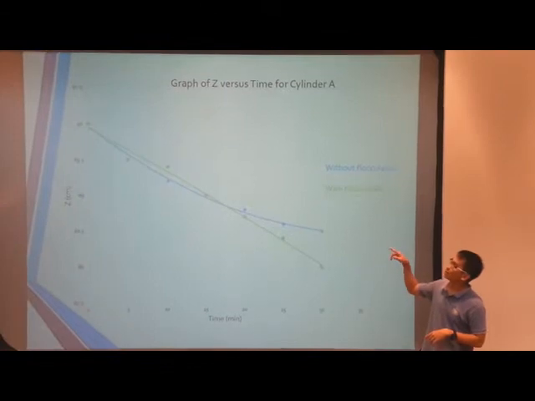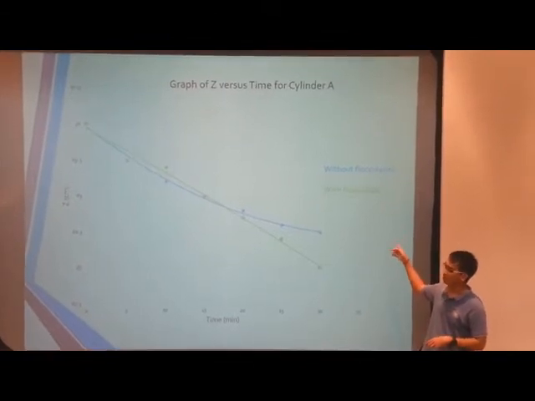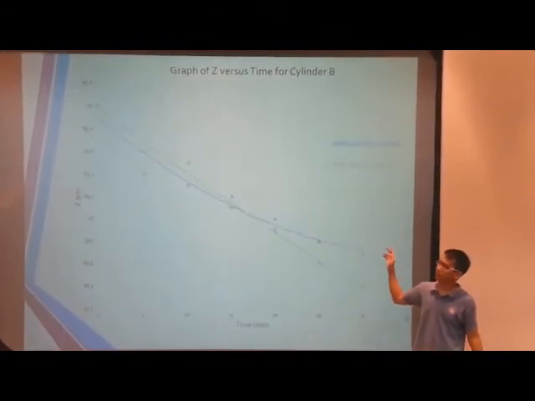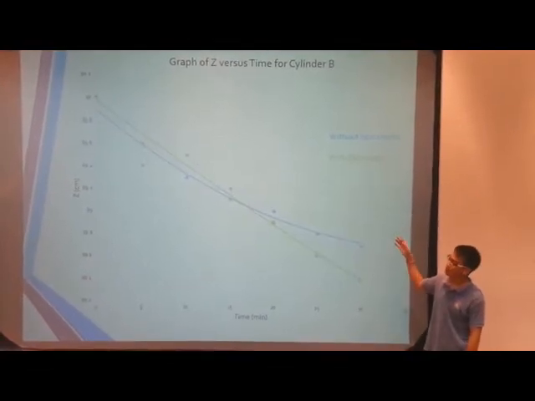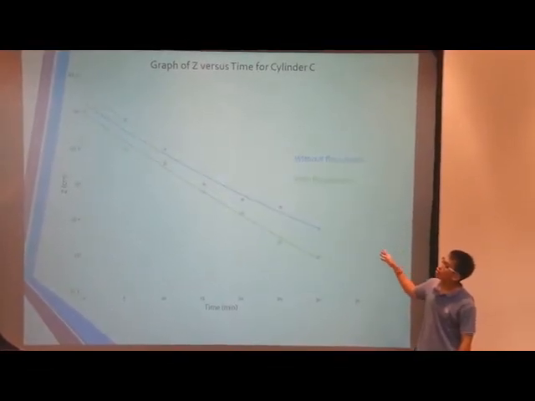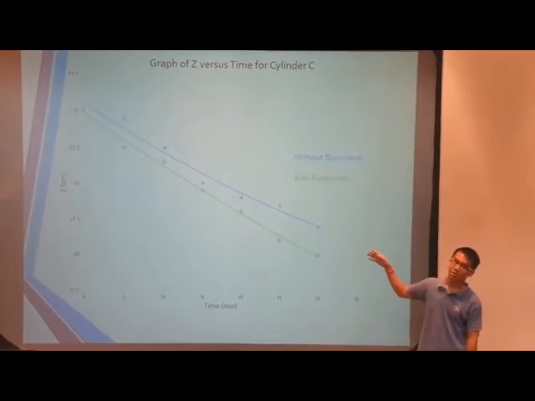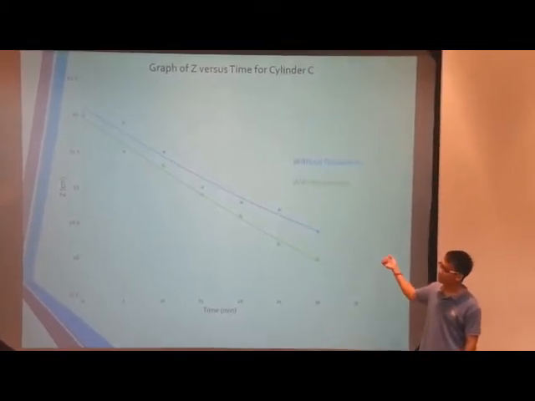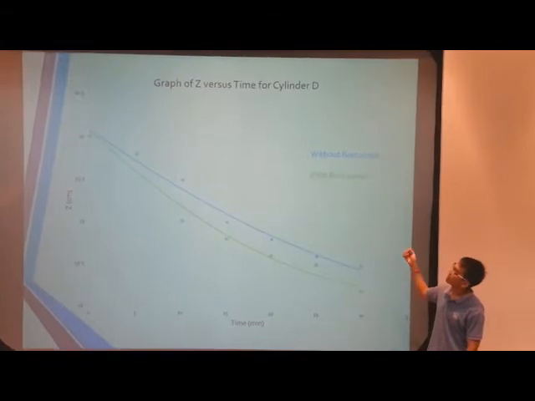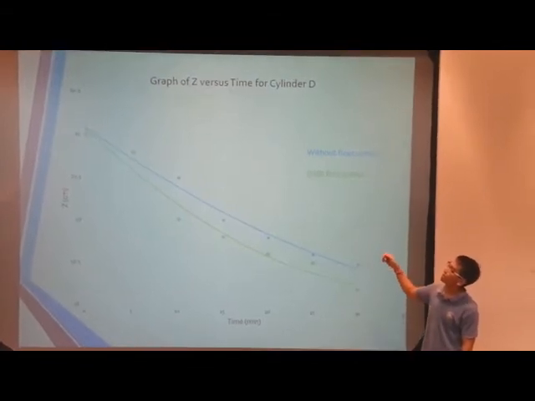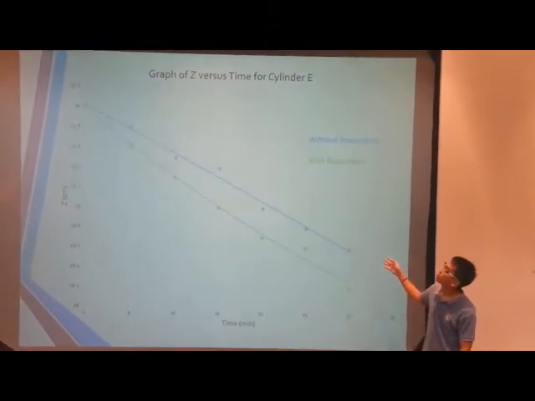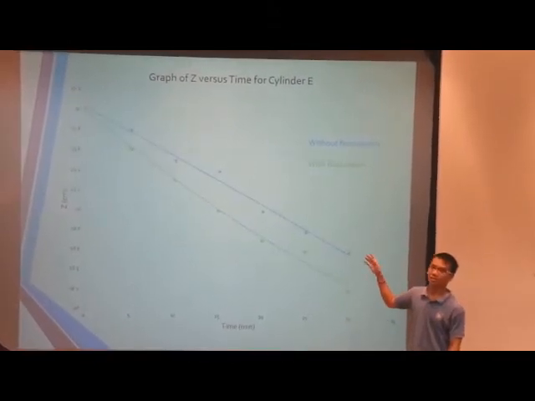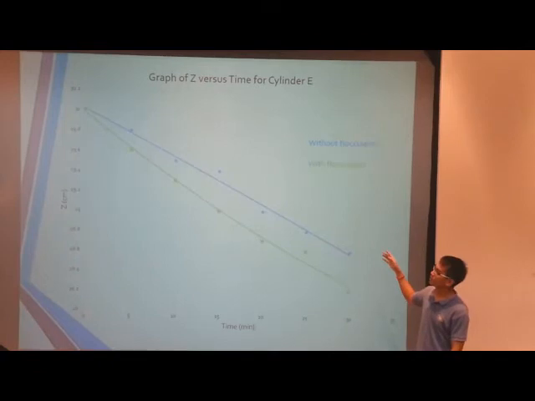This is the graph of Z versus time for cylinder A. This is the graph of Z versus time for cylinder B. This is the graph of Z, which is the height, versus time for cylinder C. This is the graph of Z versus time for cylinder D. And this is the graph of Z versus time for cylinder E.